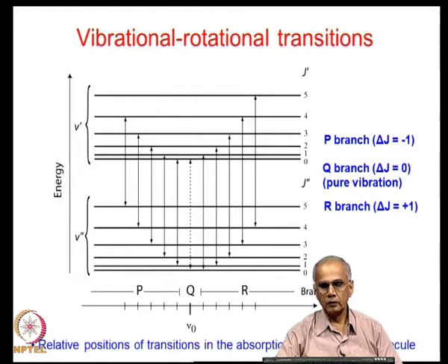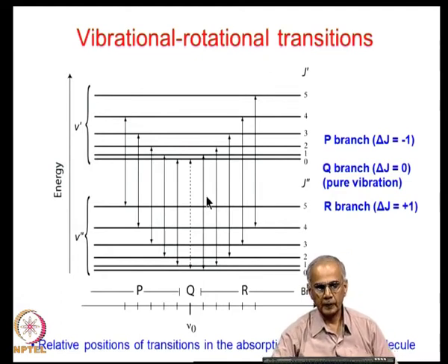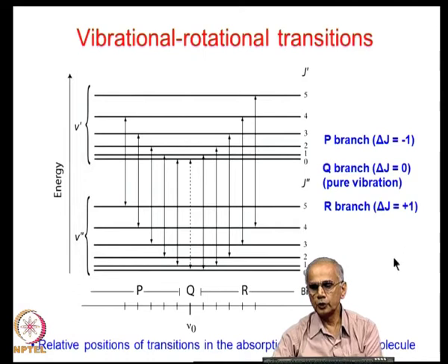Now, you can also have a situation where the molecule moves from the ground state of vibration to the first excited state, but in the case of rotation, it moves from the upper state to the lower state. This will mean that the photon required to do the transition will have slightly less frequency or less energy. These are shown in this picture as a vibration rotational spectra of the gas.